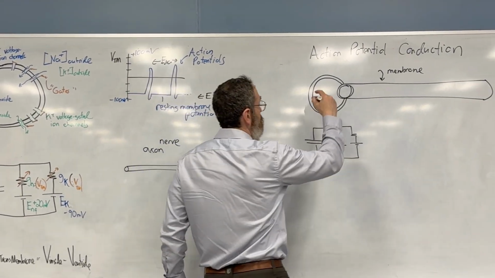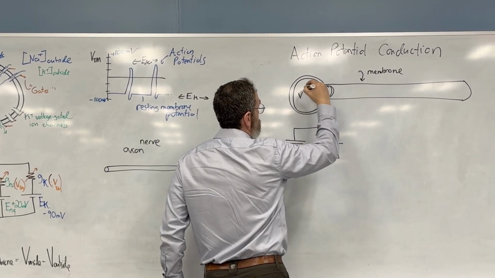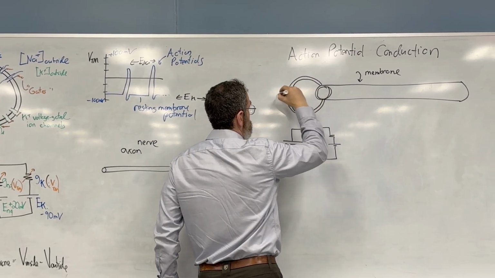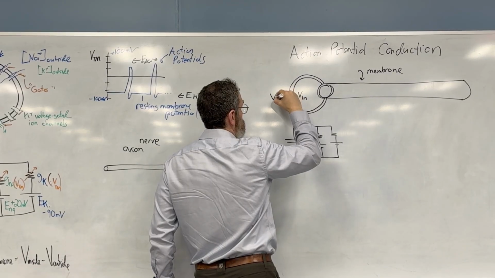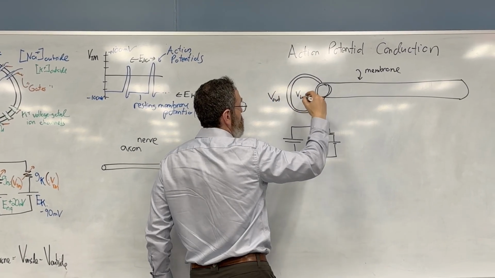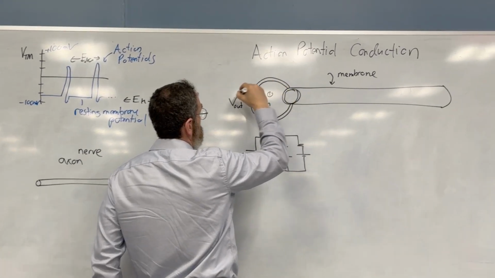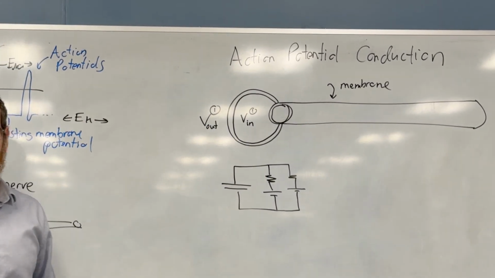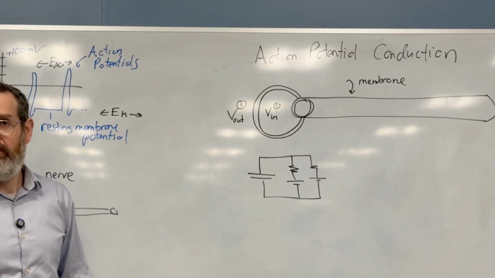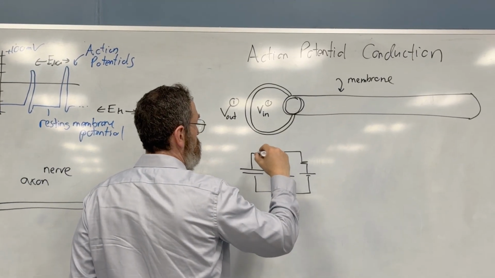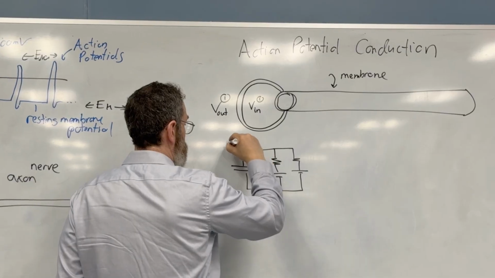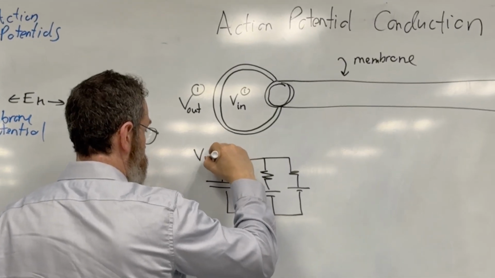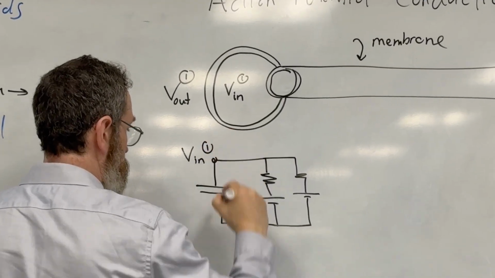And there is a voltage inside here, and there's a voltage outside here. And I'm going to call this, for reasons that'll become very clear in a second, location 1 and location 2, right? It's the only locations we've had so far. So here I'm going to do voltage in at location 1.